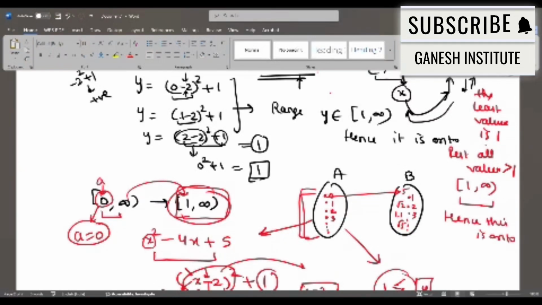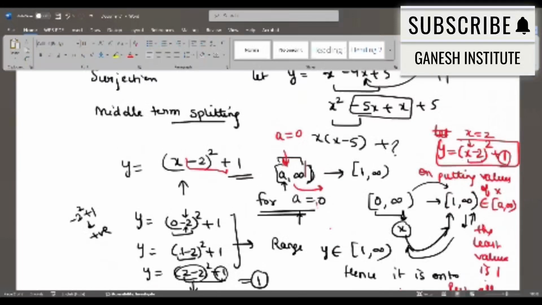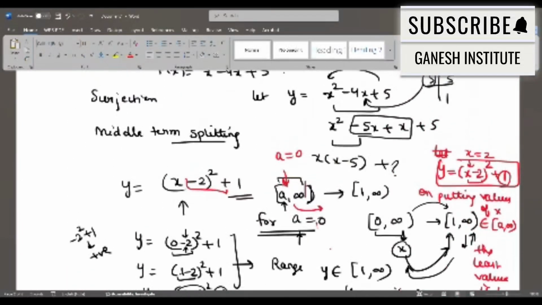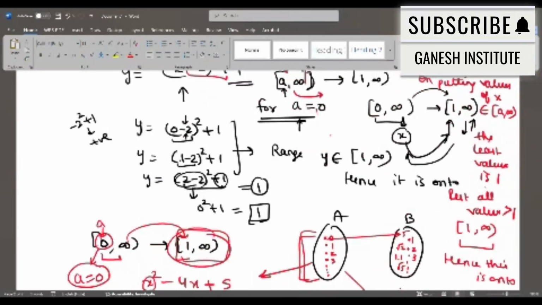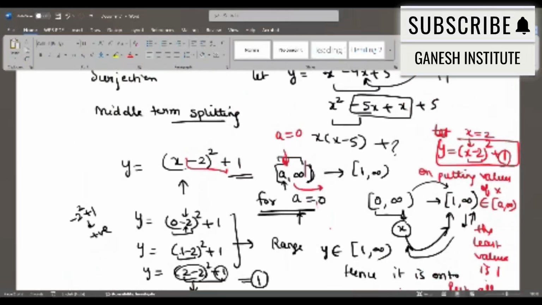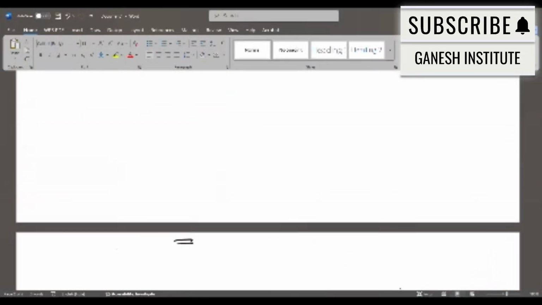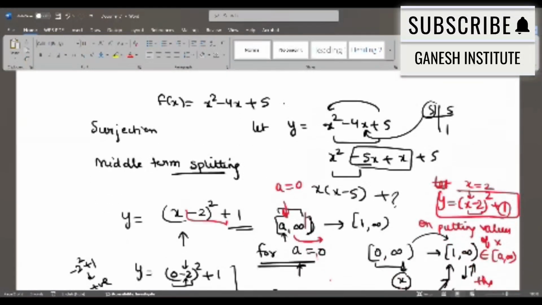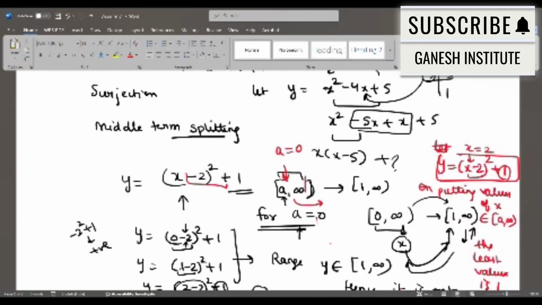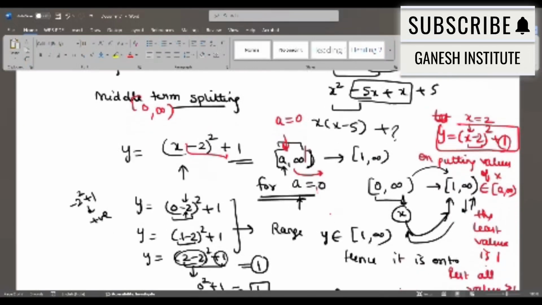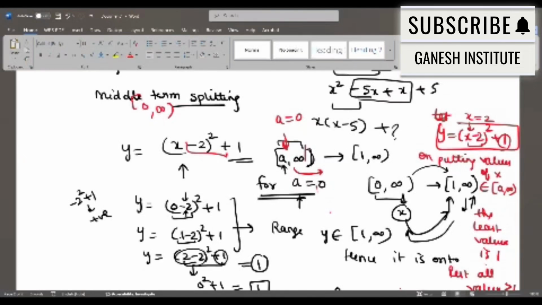The only reason they are not considering the negative value is because I don't want negative x. The question has given me x from 0 to infinity. Nothing else. Okay?